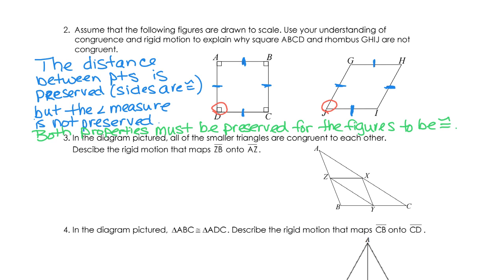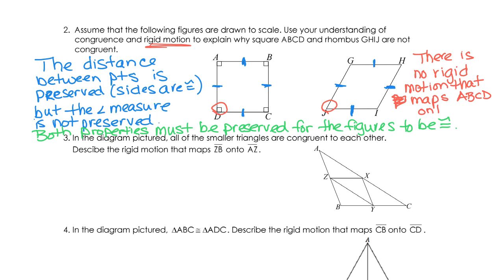Okay, we can also add in one more sentence because they asked us to talk about congruence, which we did, but they also asked us to mention rigid motions, which we didn't. And so we're going to also say that there is no rigid motion that maps ABCD onto GHIJ. Okay, and so that should be good for number 2 with our explanation.